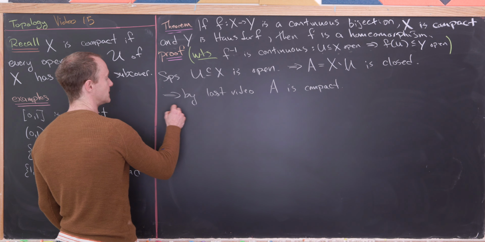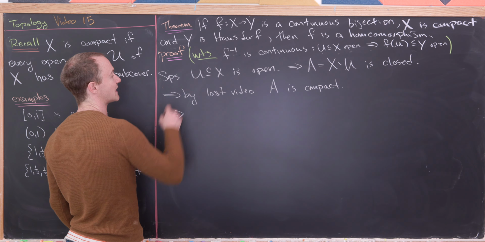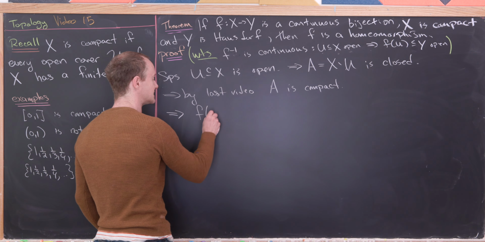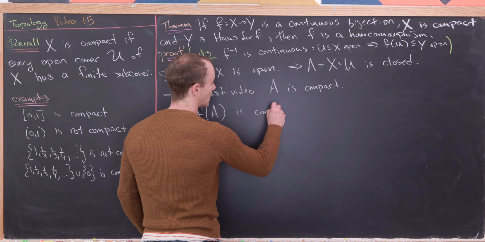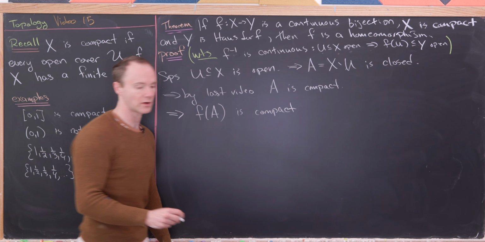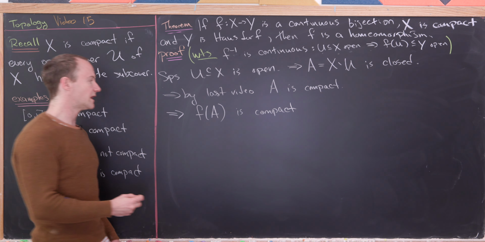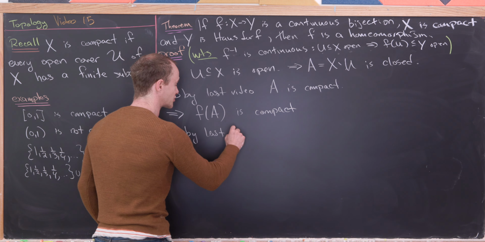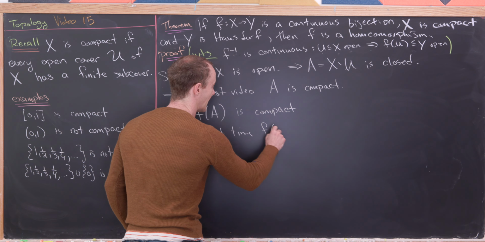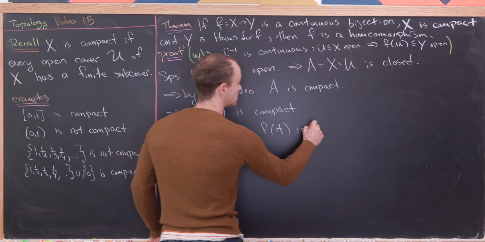Okay, good. But then, since we've got a continuous function, the image of A is also compact.